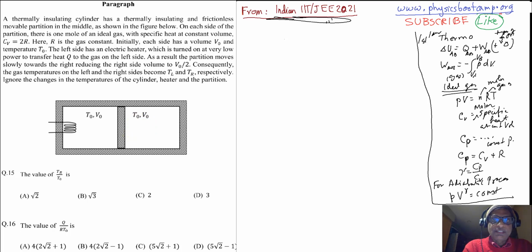First thing to notice is that there is no heat exchange, so Q is 0. So this part is going to be non-adiabatic, and this part of the gas will change in an adiabatic fashion.